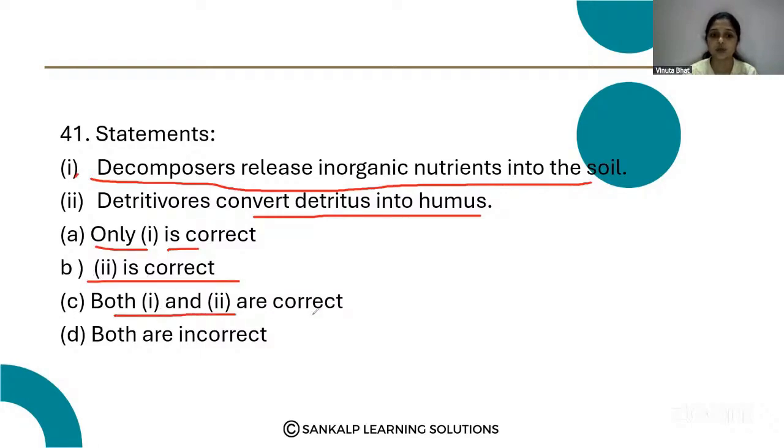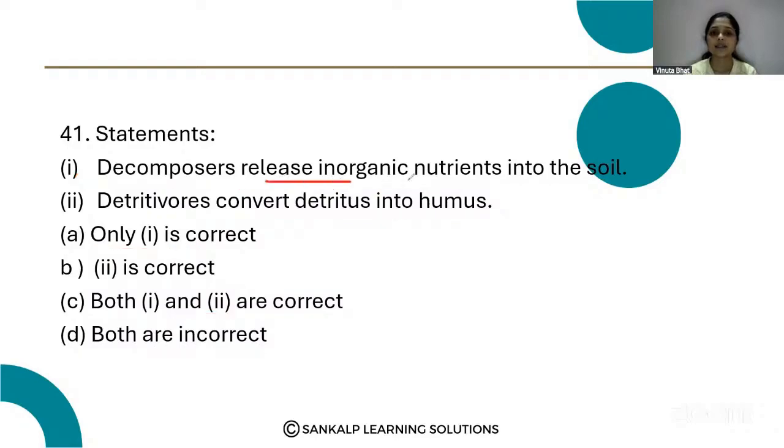Both 1 and 2 are correct. Both are incorrect. Decomposers release the inorganic nutrients into the soil. Correct, right? They break down the organic matter from dead organisms, plants and animals, and they release the nutrients into the soil. That is the correct statement.